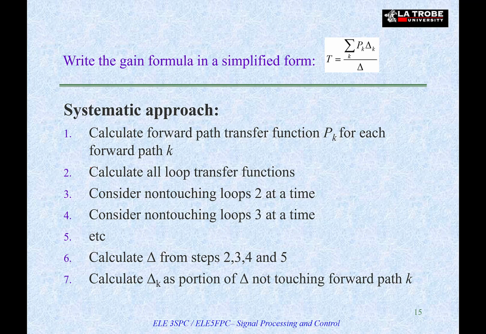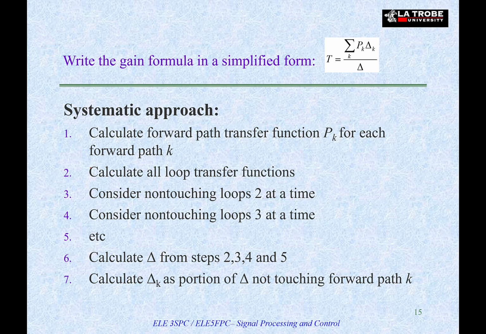To get the transfer function between the input and the output, we use Mason's gain formula. And the step-by-step approach is given on this slide. First, we need to look at paths, forward paths, and we look at one path at a time.